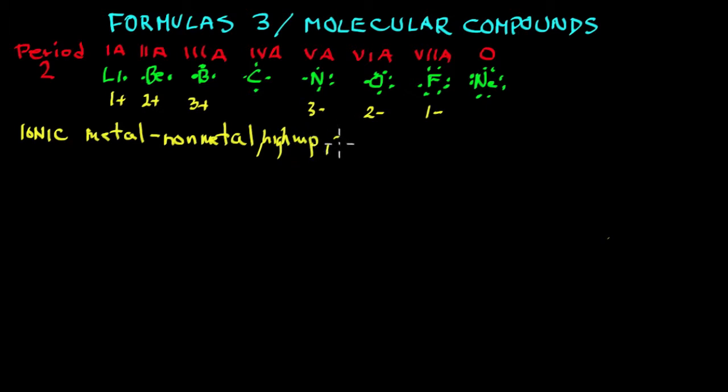They're solids. In groups 1, 2, and 3, they're usually always white. They're crystalline. And in general, they're soluble in water. The best thing I say about them is they're predictable.